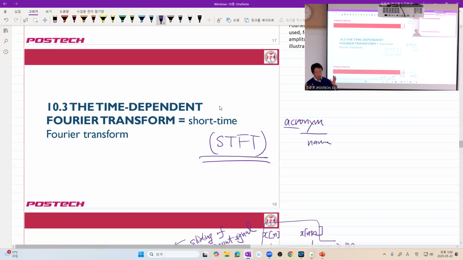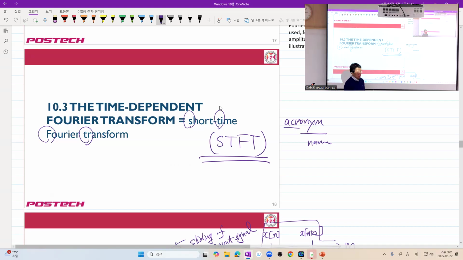An acronym is a kind of collection of characters taken usually from the first characters of each word, like STFT, short time Fourier transform. This is very, very important in practical signal processing, especially in acoustic signal processing and speech signal processing.